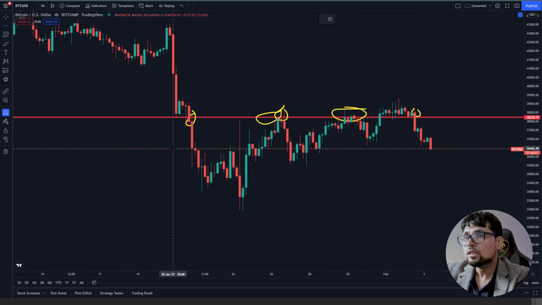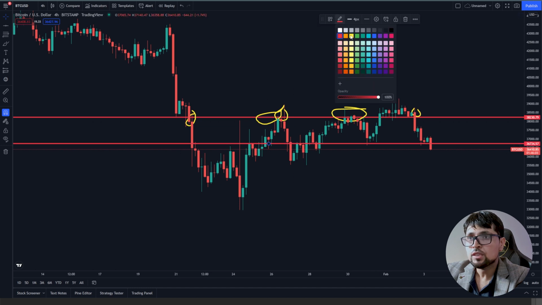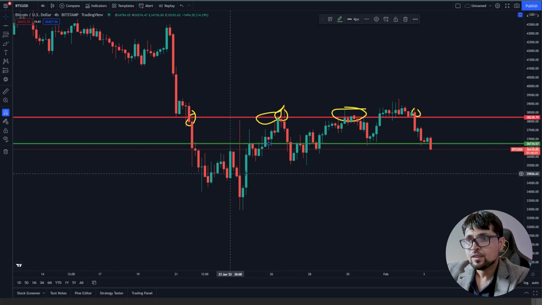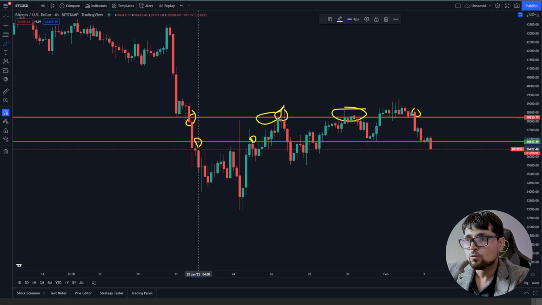Let's find the support, and we'll change the color of it to green. I'll move it a little bit up. This is it. Now you can see over here, there are multiple touches. Once this support was your resistance, then it became your friend.